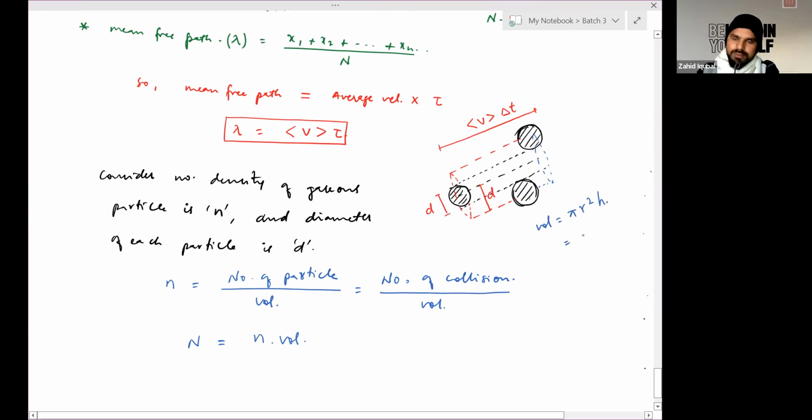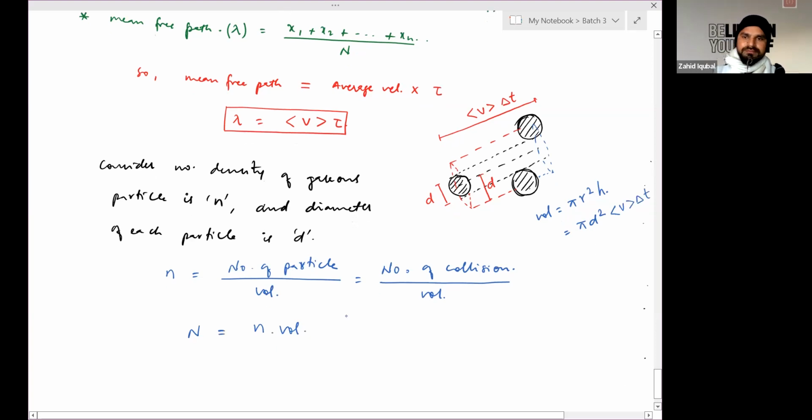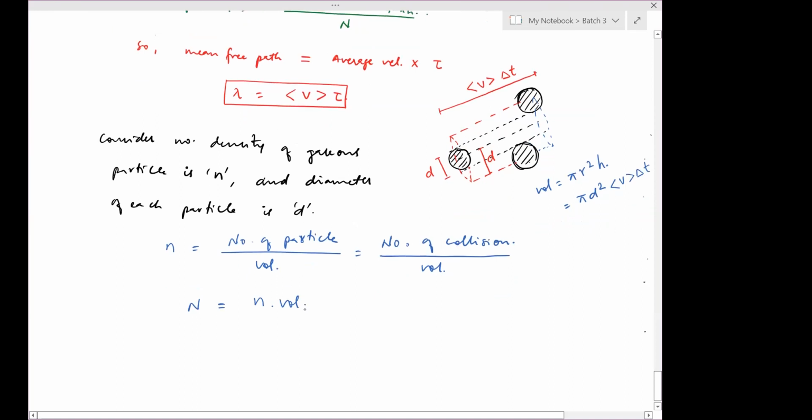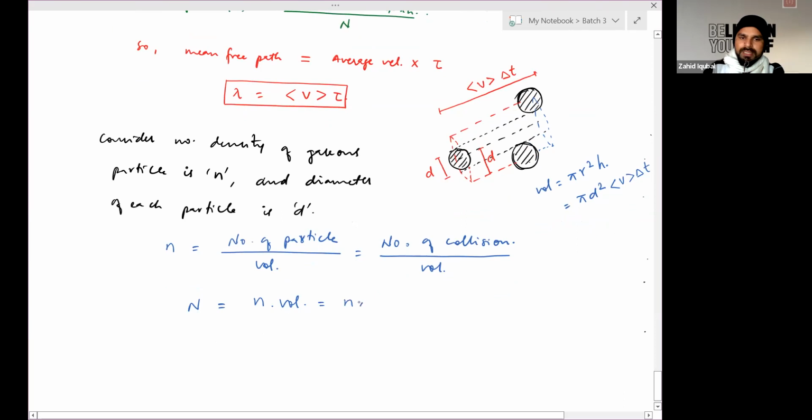Here r is d, and h is the length of distance traveled by this gaseous particle to move from this point to this point, so it will be average speed times delta t. Riba, is it clear? Yes, sir. So if you put in this volume, you will get n pi d squared times average velocity into time taken.